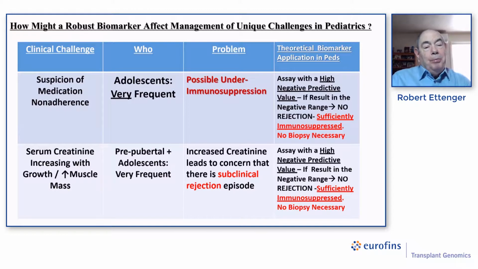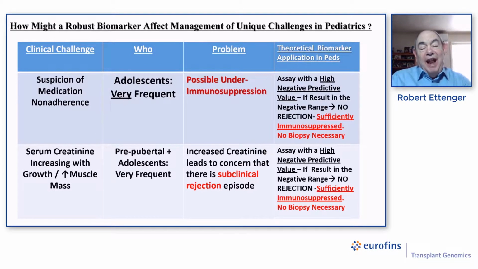What about when the serum creatinine increases with growth or increased muscle mass? This happens mostly in prepubertal children that are transitioning into adolescence, and this happens very frequently. And we look at the serum creatinines and we say, oh my gosh, do we need to biopsy this patient? And we often do. The increased creatinine leads to concern that there is a subclinical rejection episode.